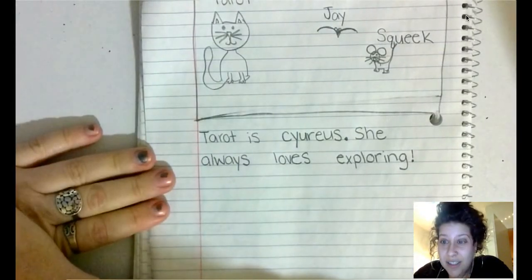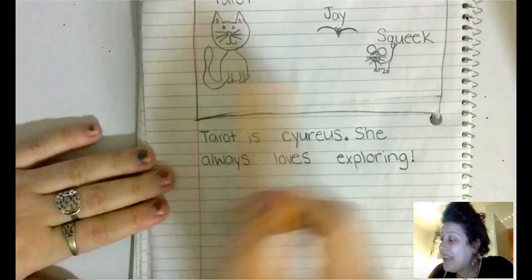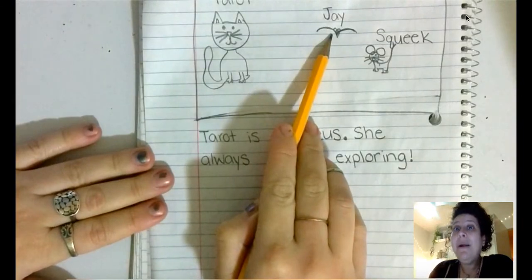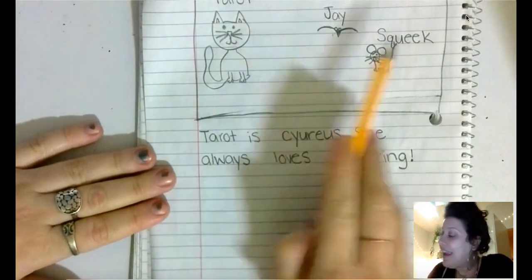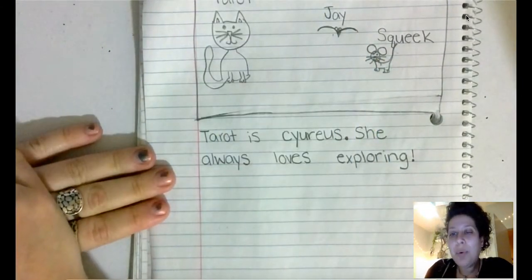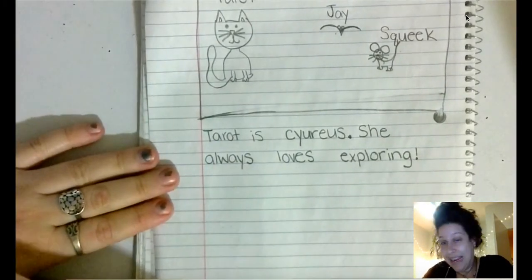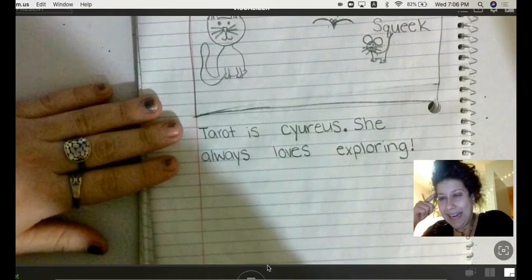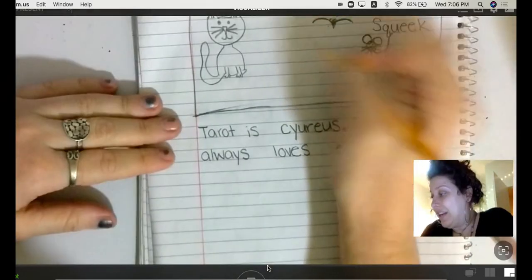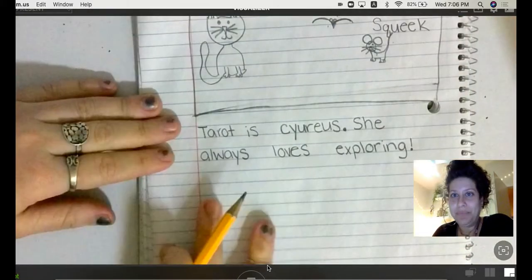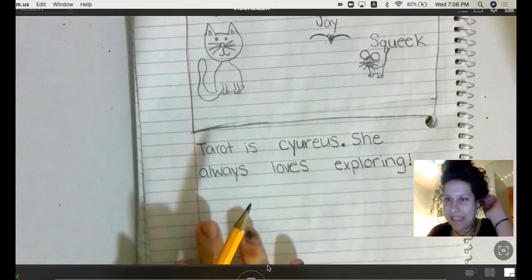Am I done? No, we're never done writing. I still need 2 sentences about my supporting character, Jay, and 2 sentences about my supporting character, Squeak. Let's start with Jay. I'm being creative about what I can write about Jay. Taro's always listening to the birds outside.